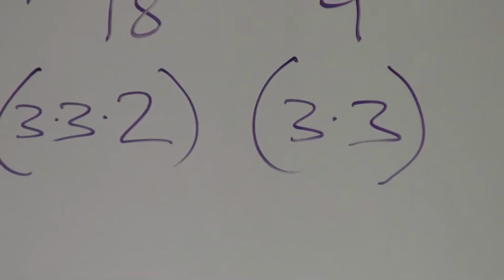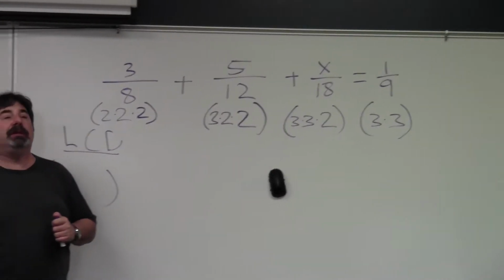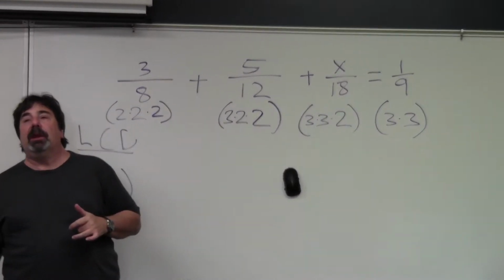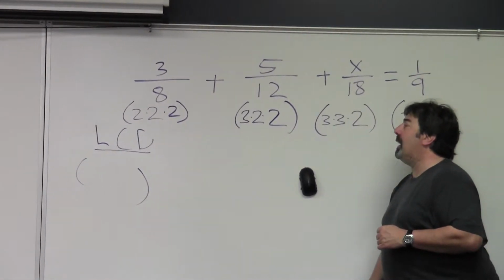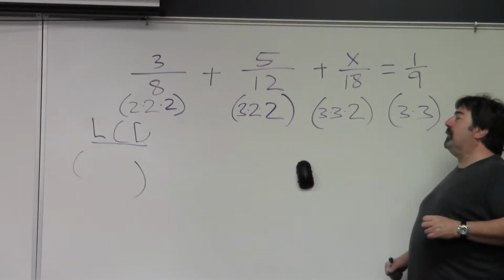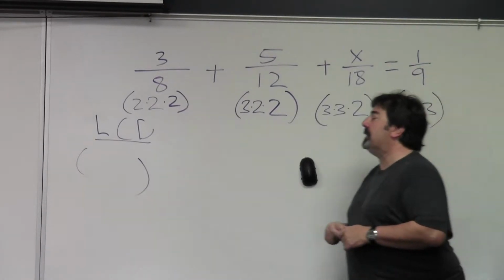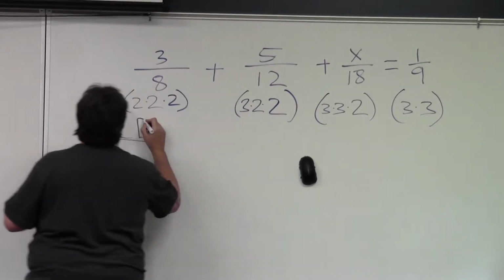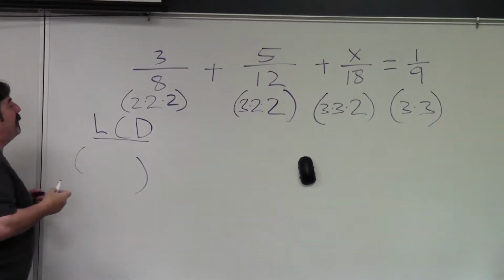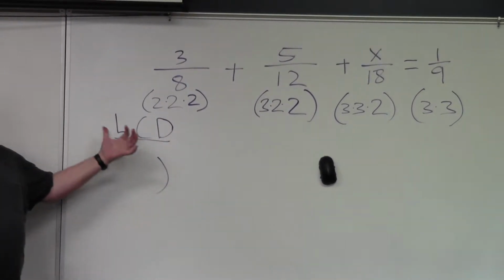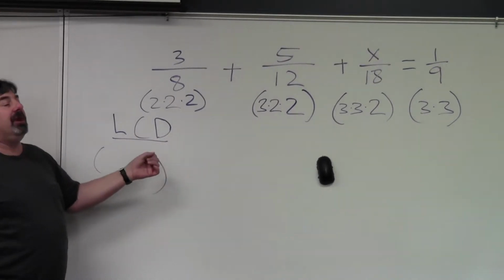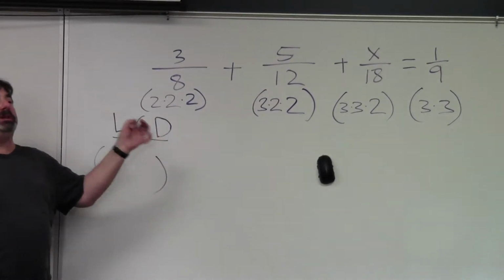Now once we've factored each denominator down to its prime factors, we have to go over to our holding pen. The most times that a factor occurs in any denominator has to be covered in the holding pen. If we look at our first denominator, which is 2 times 2 times 2, the most times that 2 occurs in this denominator is 3 times.